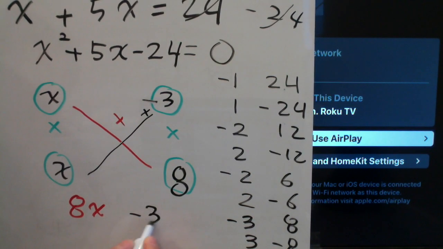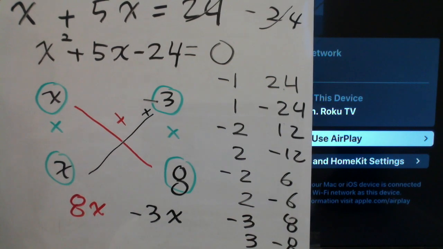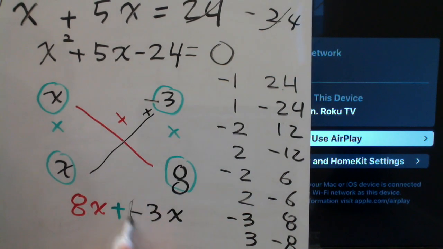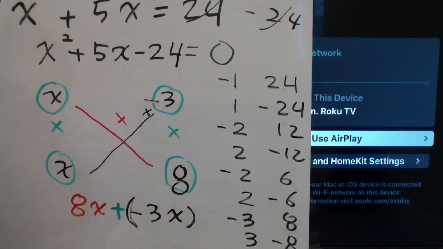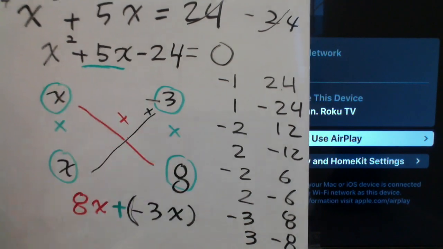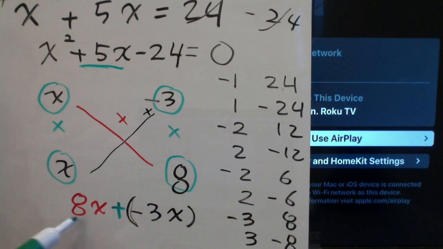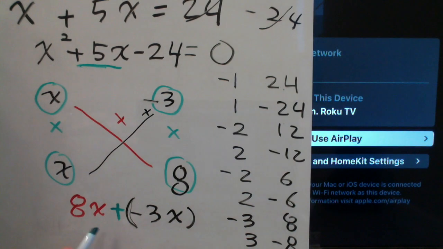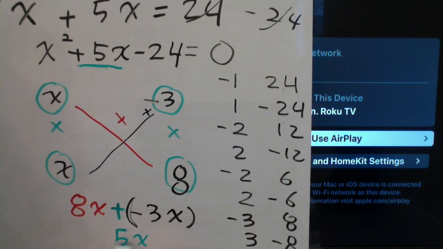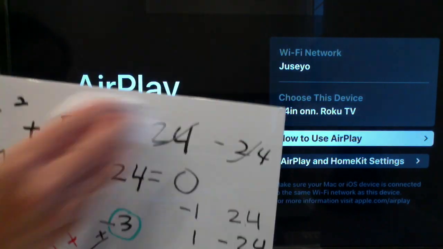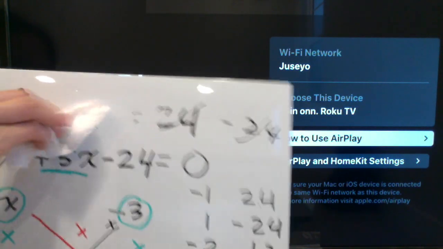So negative 3x. Then now what do we do? We need to combine this. So sum of these two needs to be the same as right here. So 8x negative 3x is 5x. Is it the same as this? Yes.